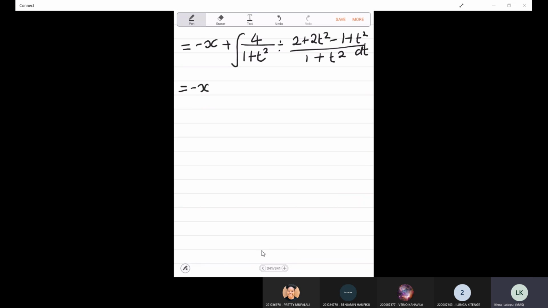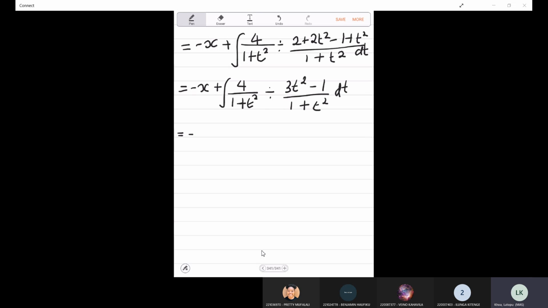This is minus x plus the integral of 4 over 1 plus t squared, and here we're just dividing by: 2t squared plus t squared is 3t squared, and 2 minus 1 is 1, over 1 plus t squared, dt.